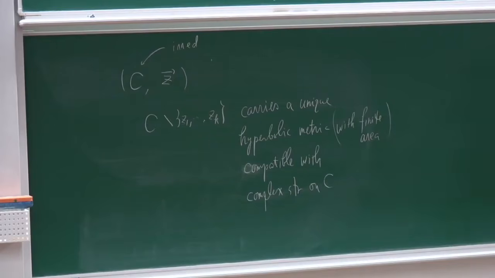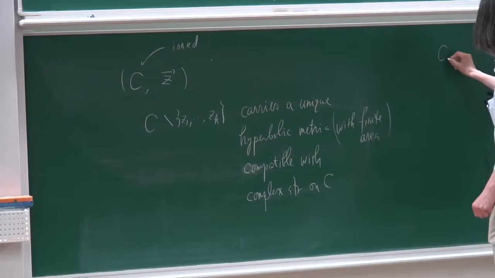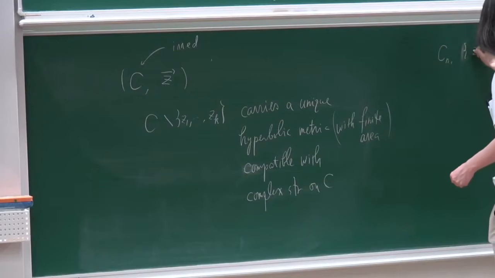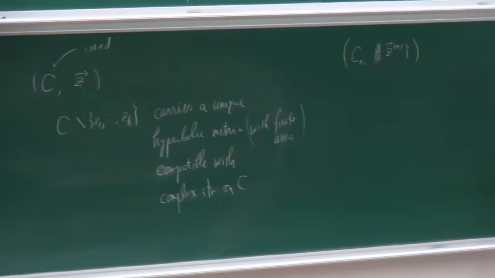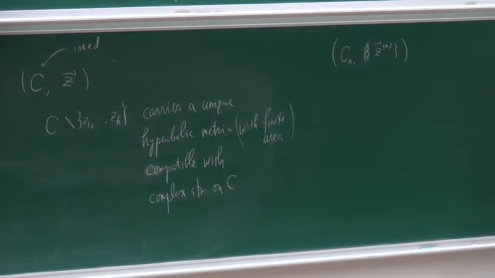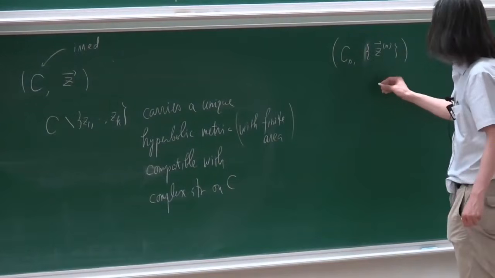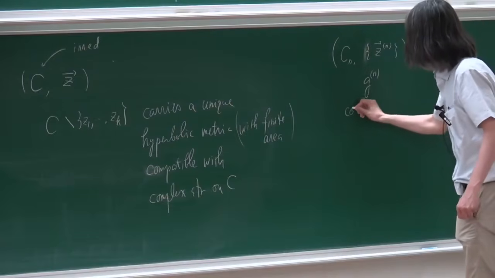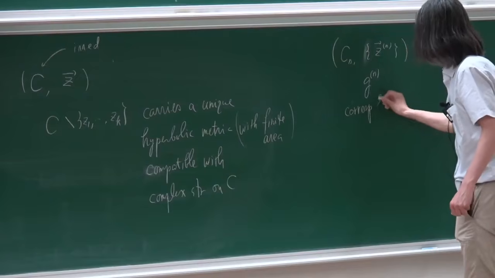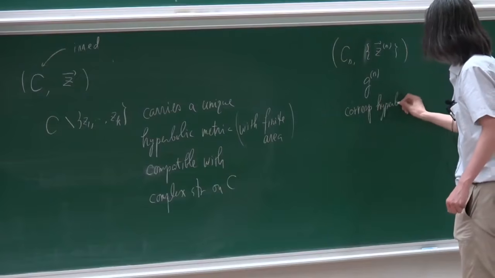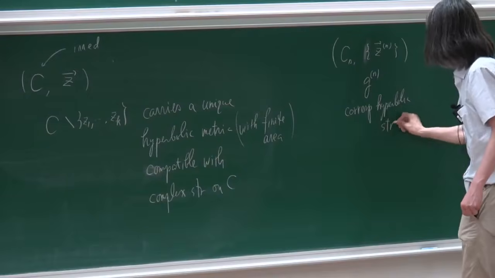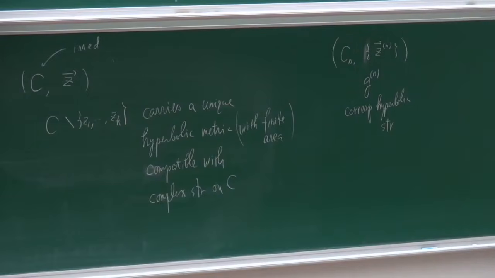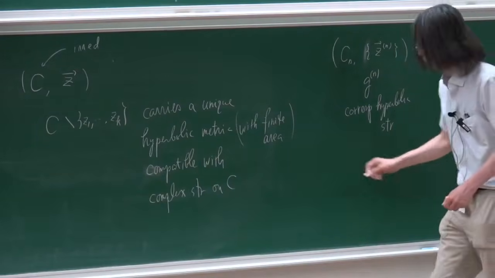And so now I have a sequence of these C_n, with marked points Z_n. So I have a sequence of stable curves, and here I have a sequence of hyperbolic metrics corresponding to this. So G_n is the corresponding hyperbolic metric, with cusps, with finite area.